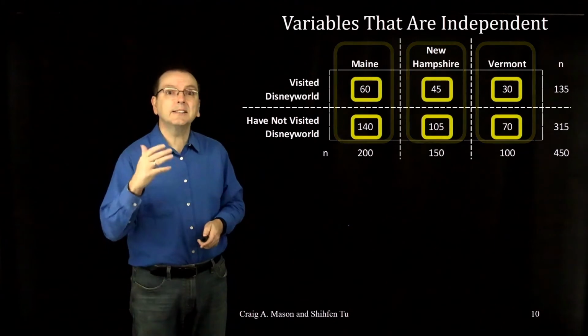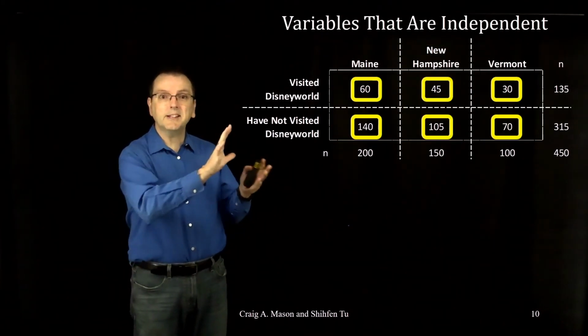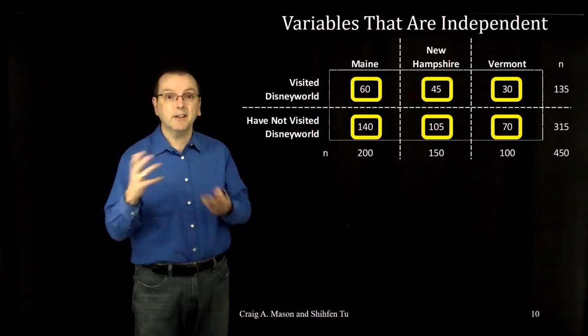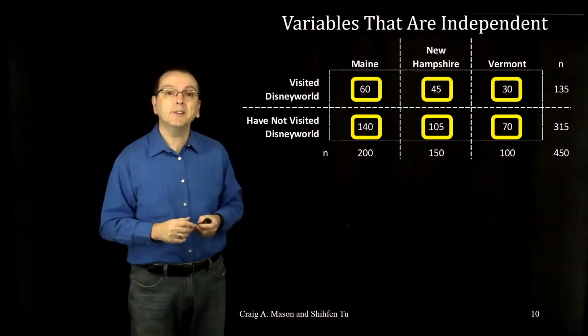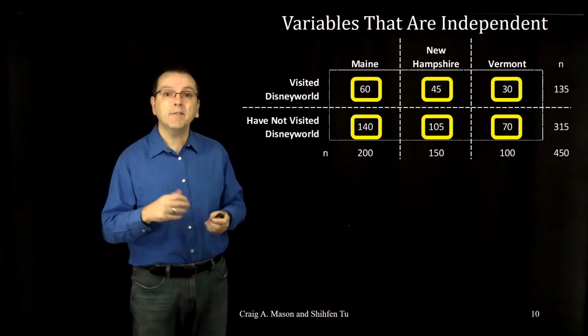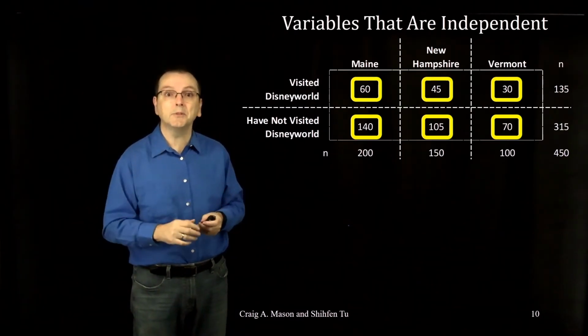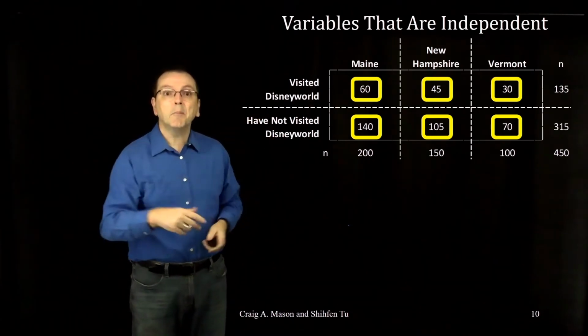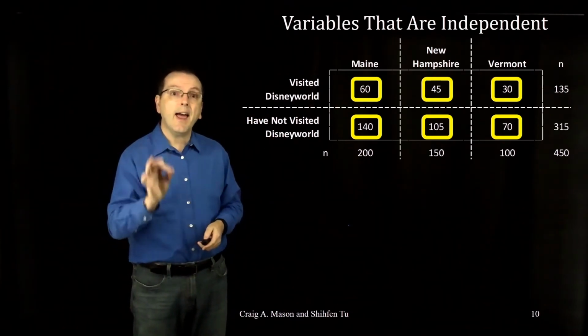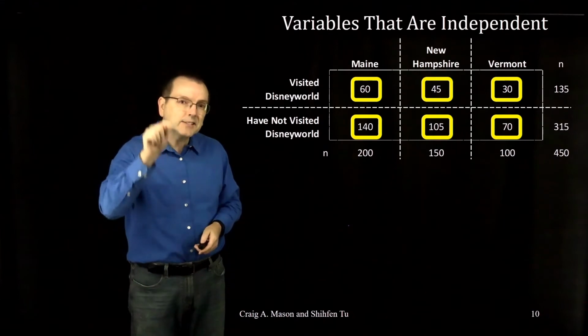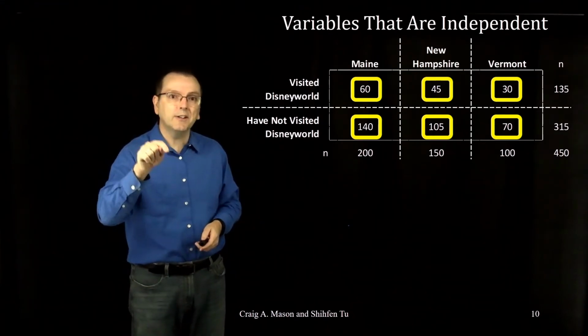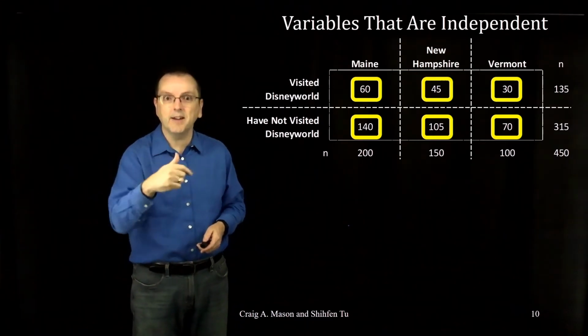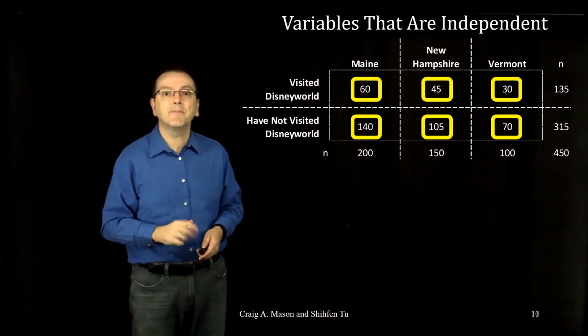That gives us 6 cells or 6 boxes that reflect the 6 different combinations that someone may have for these two variables, with the number in each cell indicating how many people had that specific combination of state where they lived and their Disney status.